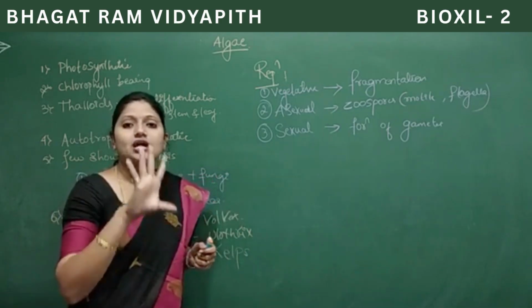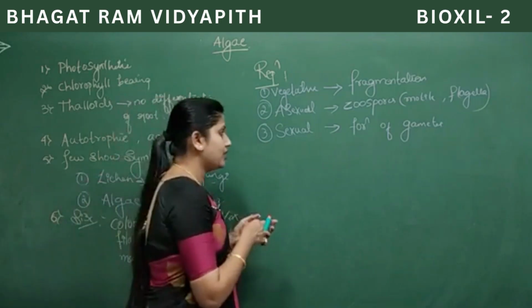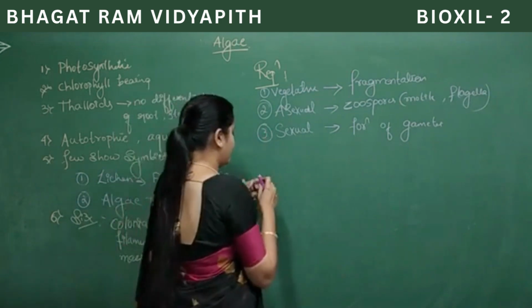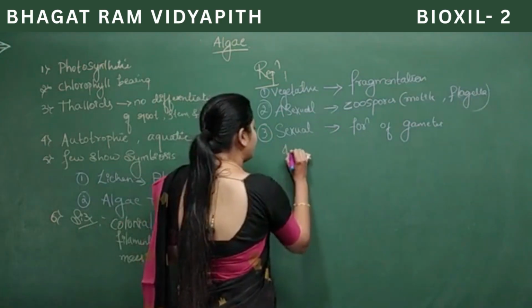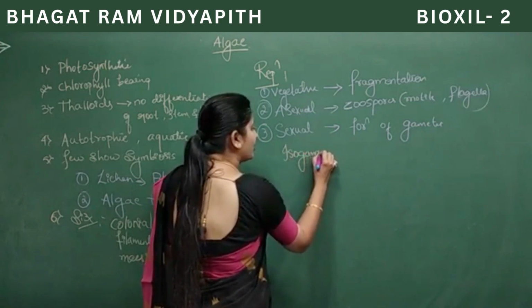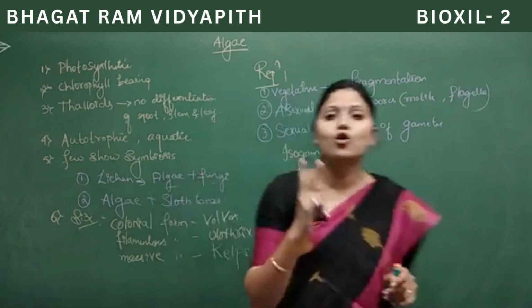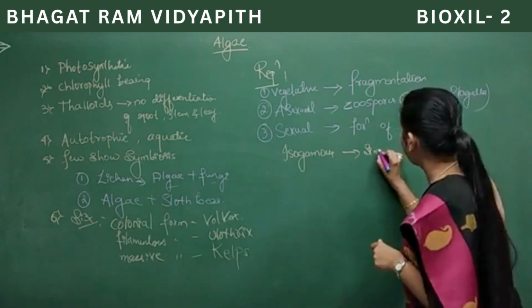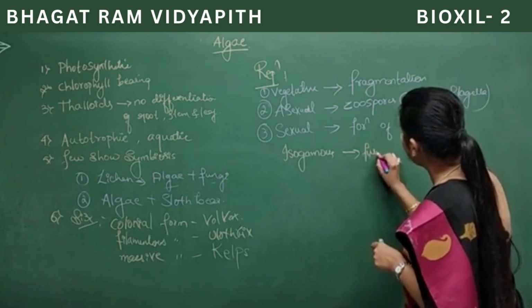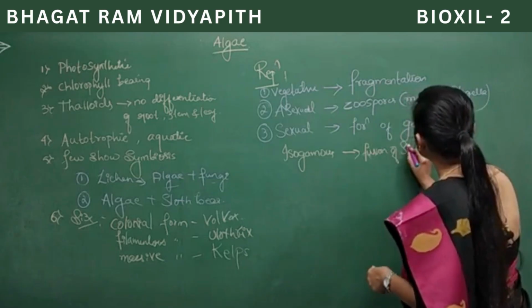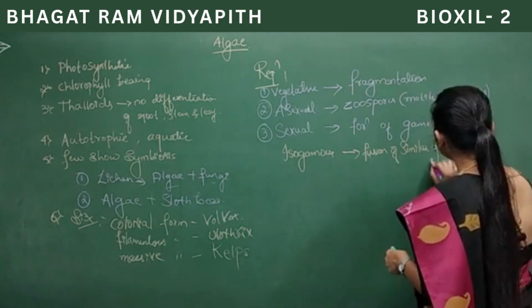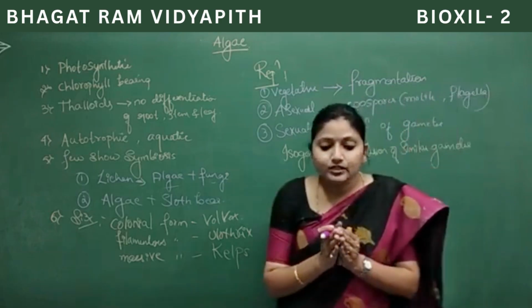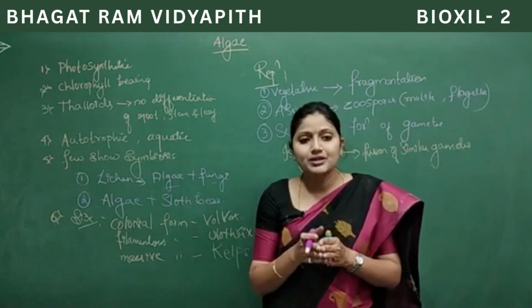If both the gametes are the same, such a type of sexual reproduction is called the isogamous mode. Isogamous is fusion of similar gametes.